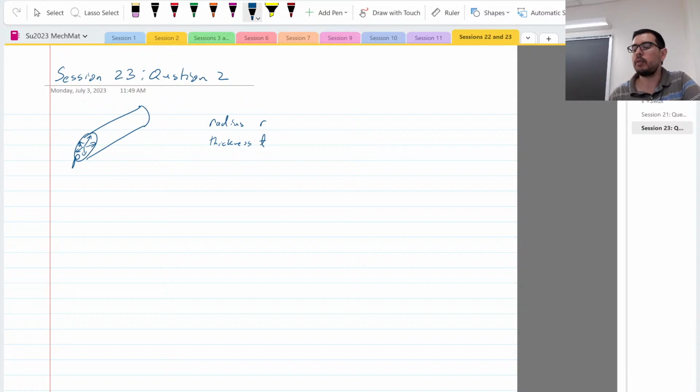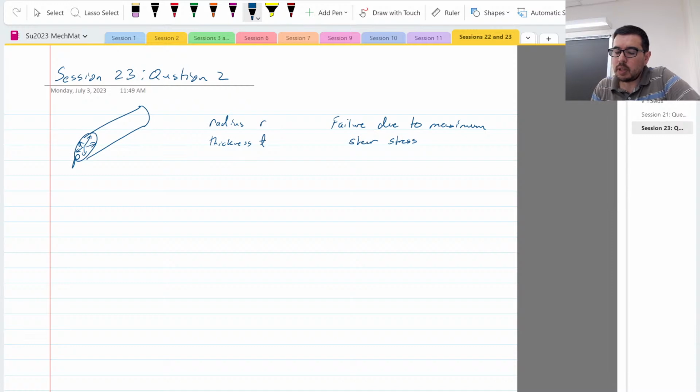Okay, so there's a question about what the safety factor would be, and we're looking at failure due to maximum shear stress.